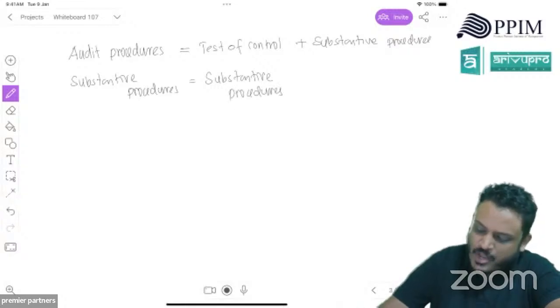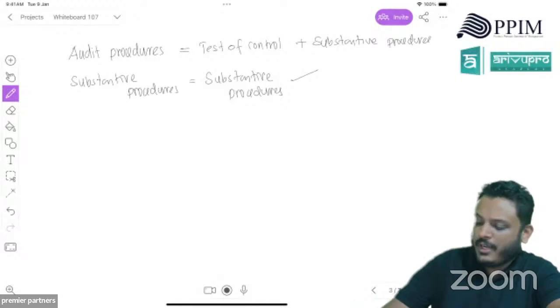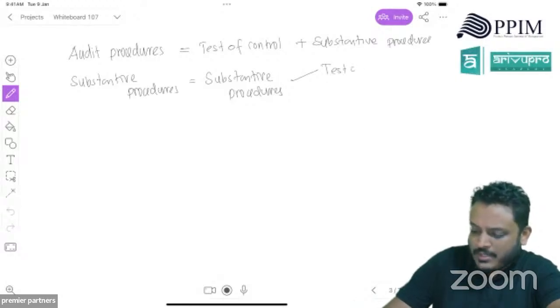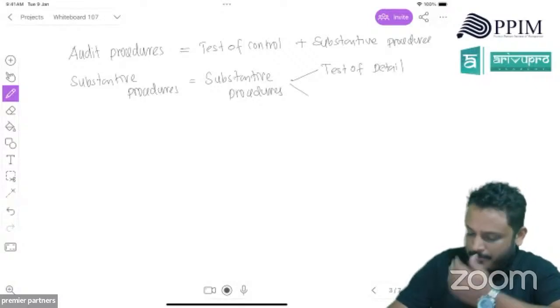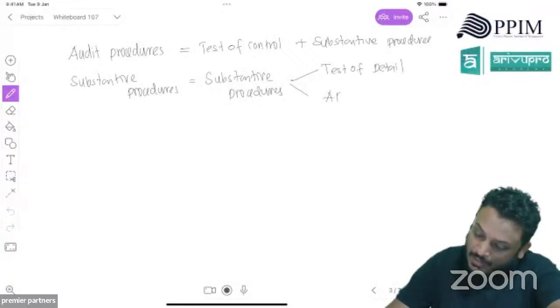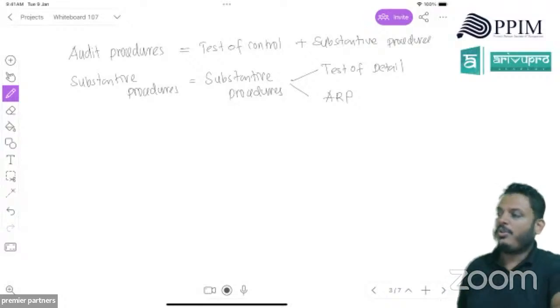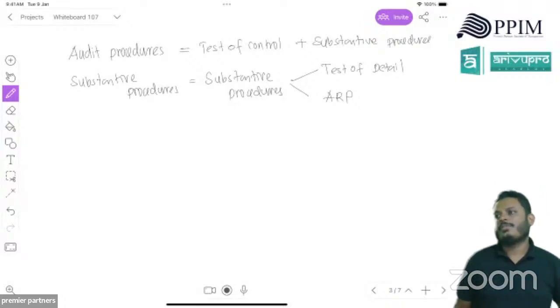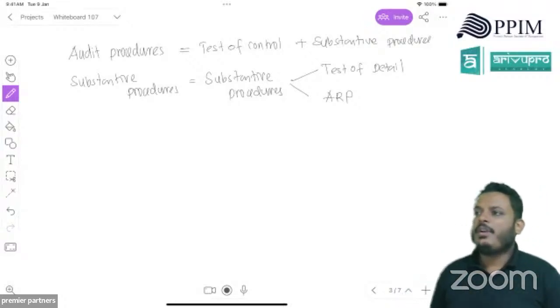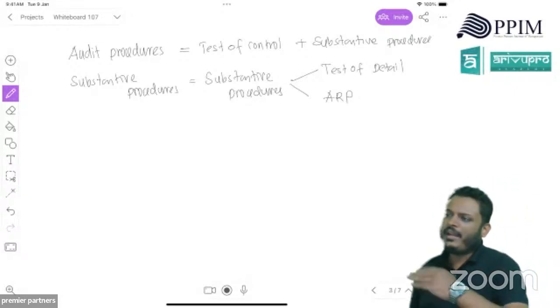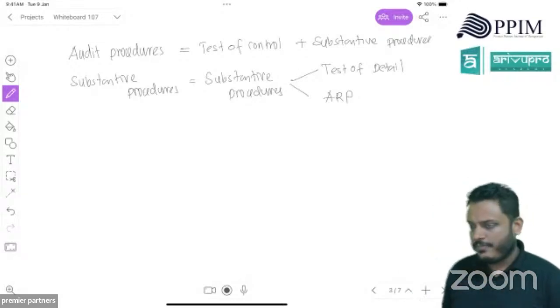Test of controls. But substantive procedures also, you can write two things. One is test of detail. Two is analytical review procedures, ARP. That is we call substantive procedures. So you can write ARP, you can write test of detail also.